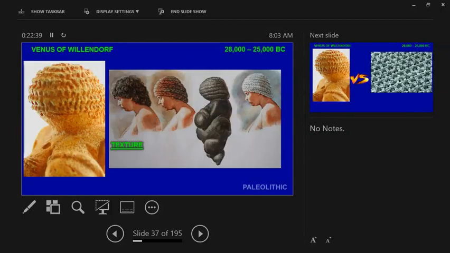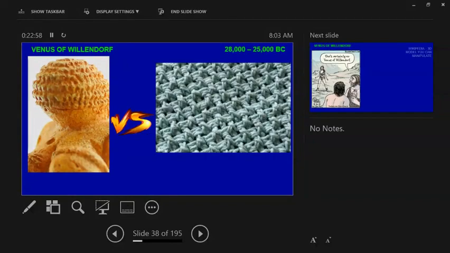And then if we look at the detail, we have this texture in the hair. So it's hard to tell, did she have curly hair? Or was she wearing some sort of a hat? But this texture reminds me of crochet.